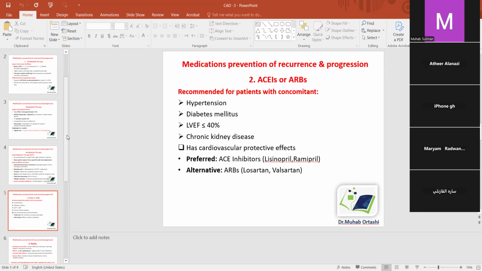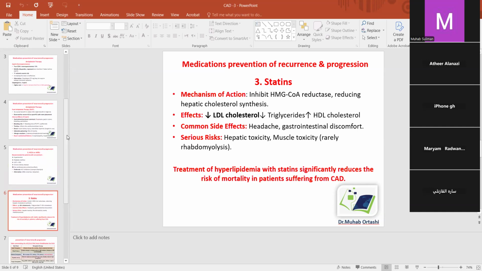This will prevent the progression and could be beneficial in other disease اللي هو concomitant disease which is associated with angina. The preferred one is ACE inhibitors. The alternative could be ARBs.